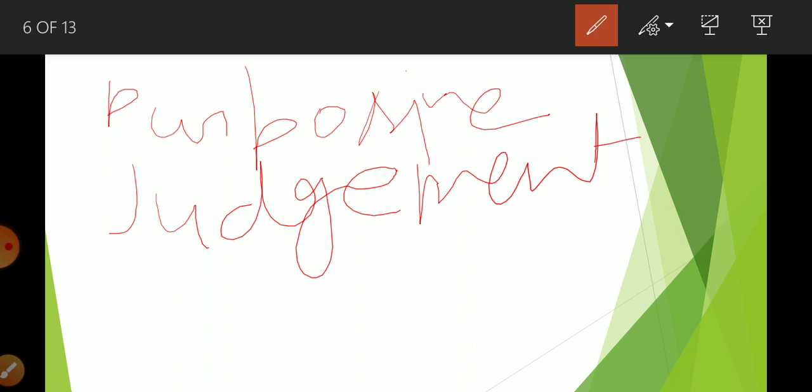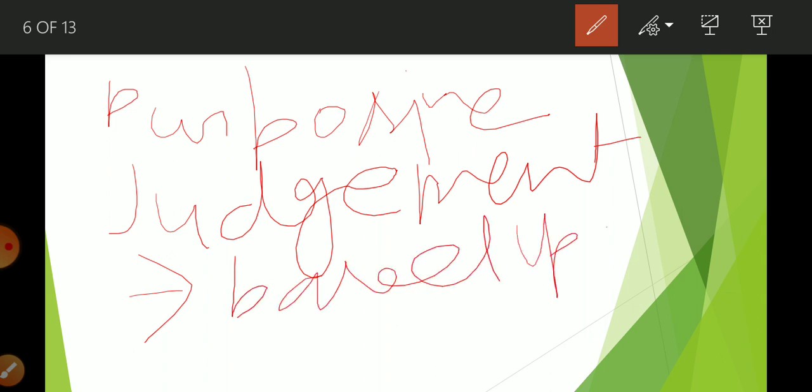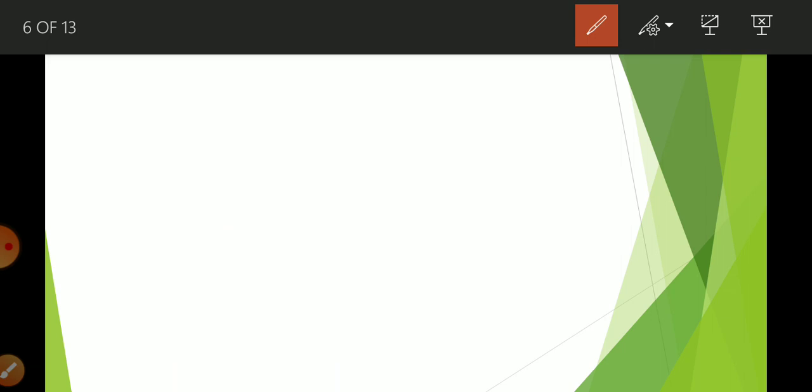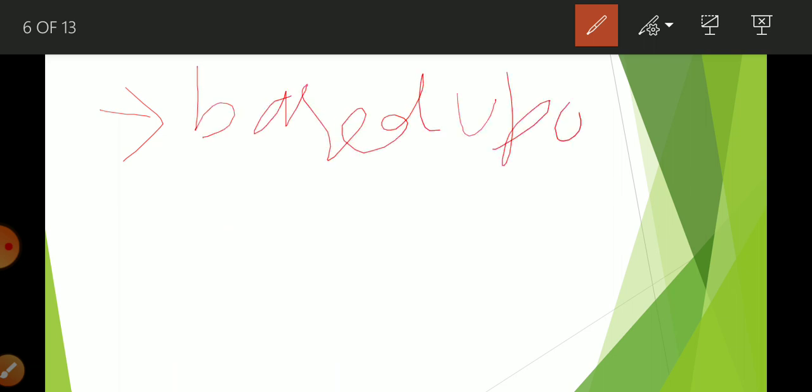Because in this method, the sample selection is based upon the judgment of the investigator.